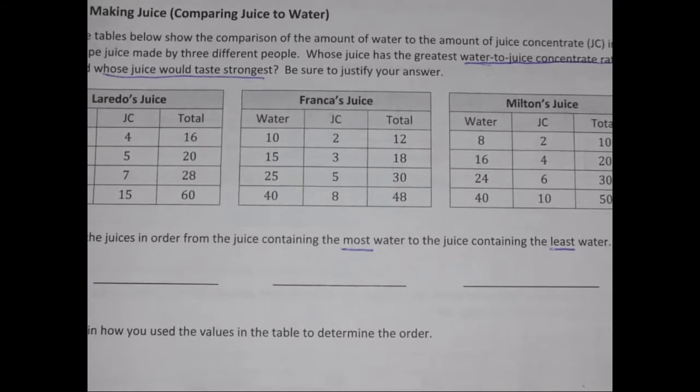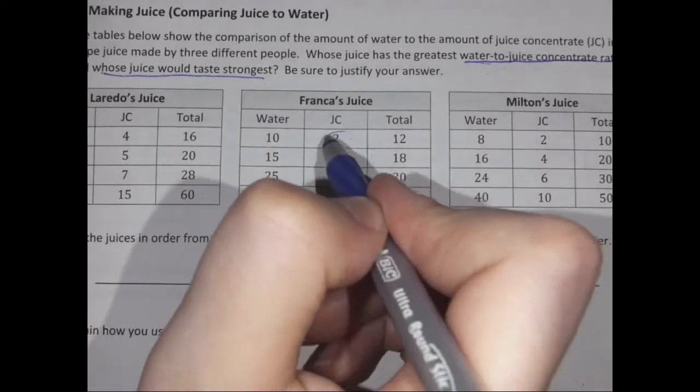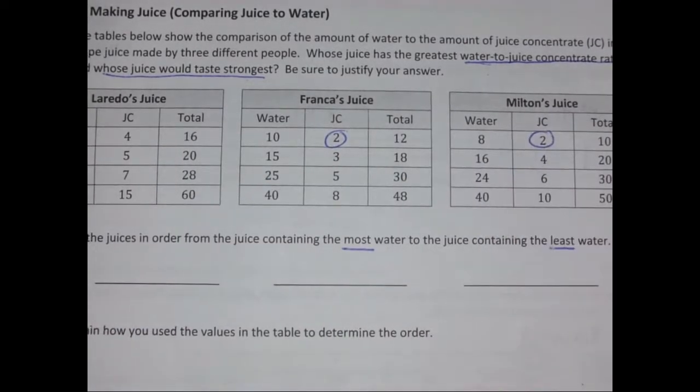Let's do cups. 5 more cups of water than Franca. Interesting. Kalia? You can't see how much water, like how Franca and Milton have like 2 ounces for juice or something. Sure.